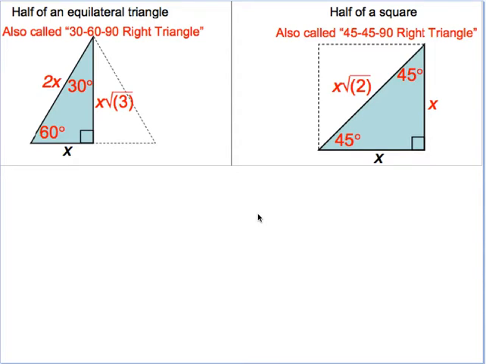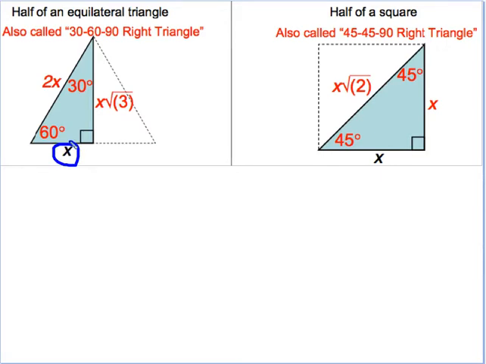What we want to look at is our special right triangles from a couple units ago. We have the 30, 60, 90 triangle, and then the 45, 45, 90 triangle. With these triangles, it's special because our side measurements are all going to be proportionate.